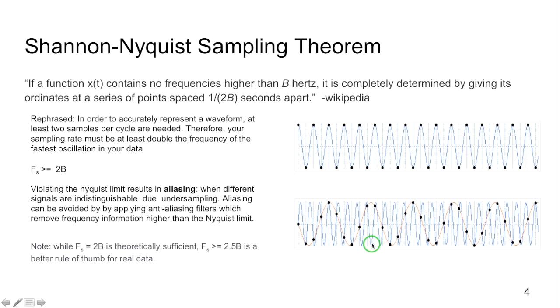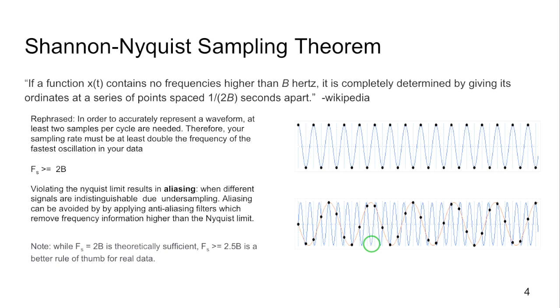You want to avoid aliasing, and therefore, when you collect data in the hardware of the data acquisition system, there's always an anti-aliasing filter, which limits the highest frequency of the data before it gets digitally sampled.